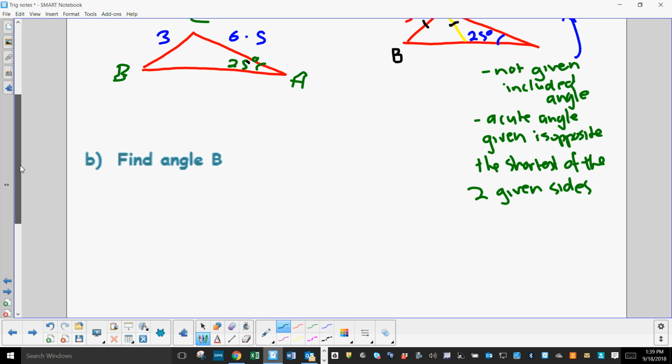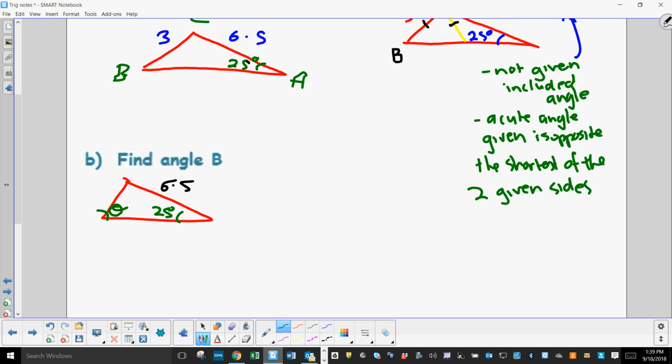It might help you just quickly draw it out again, just to prove why you use the sine rule. Feel free to do that. Because we've got theta is the B, and this one is 25. Here we've got the 6.5 and the 3.